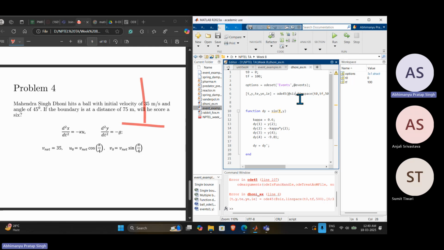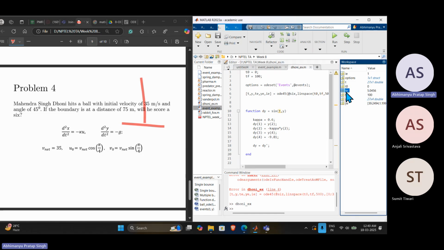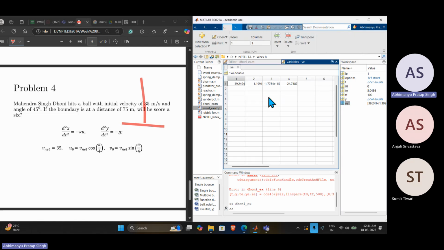Sorry, this is ode45, not 6. So it has run, and I can see that the simulation stopped at t equal to 5.046. That means at 5.046, the h value became 0. If I check my ye, this has become 0, but my x value is still only 40 meters.